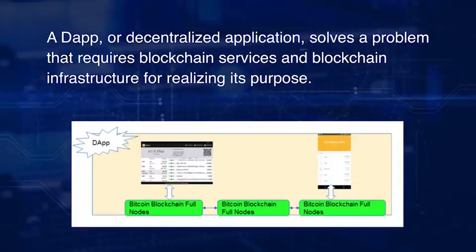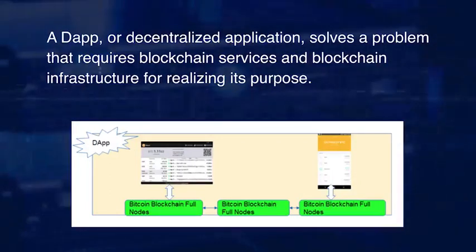Typically, a DApp has a web frontend and a blockchain backend and the code connecting the two. In such an architecture, the front end of a DApp channels any external stimulus from the users to the blockchain infrastructure and returns any response back to them.